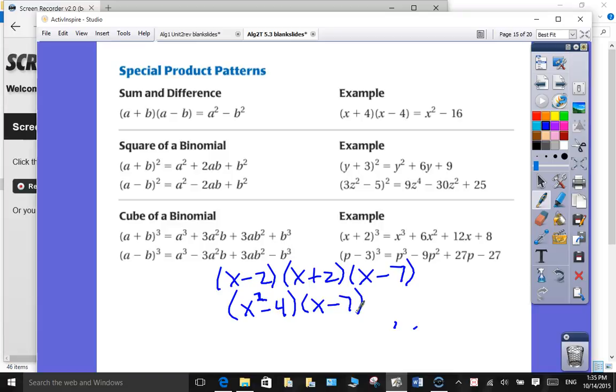Now, the cube of a binomial at the bottom, I find this a little out of place. But I don't think most of us would recognize right away, like memorizing a formula like that.